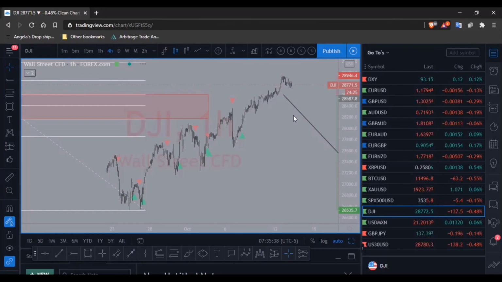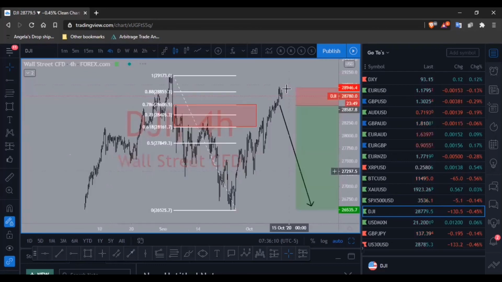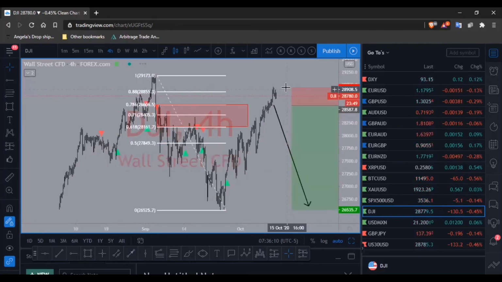I'm in profit from that position, so that kind of sucks. Just waiting for it to zoom out. There we go. So yeah, price came back, literally took people out of the trade, and then dropped right after.